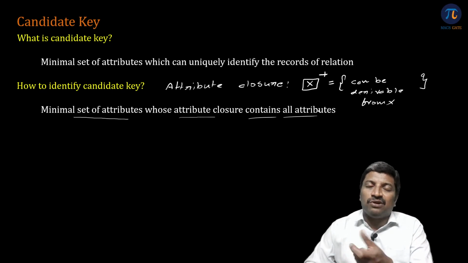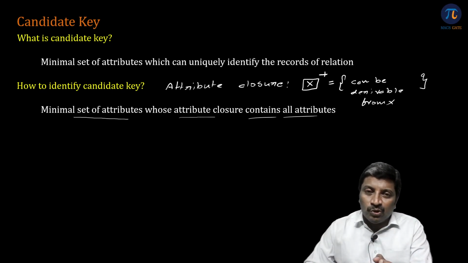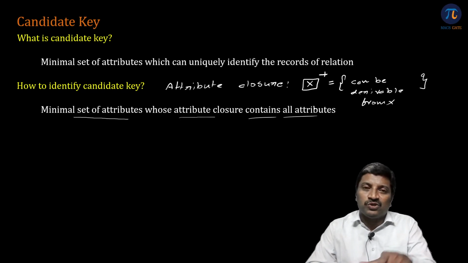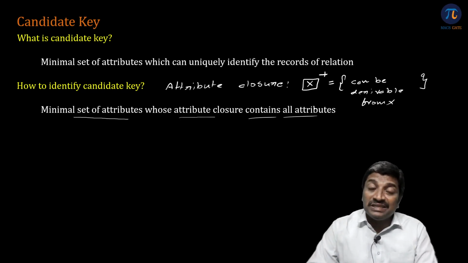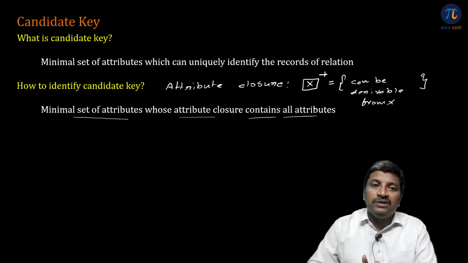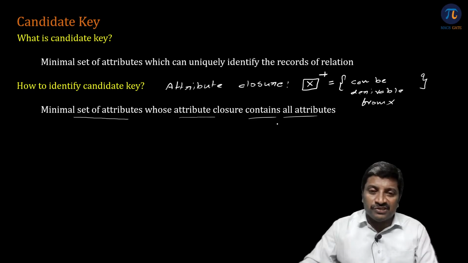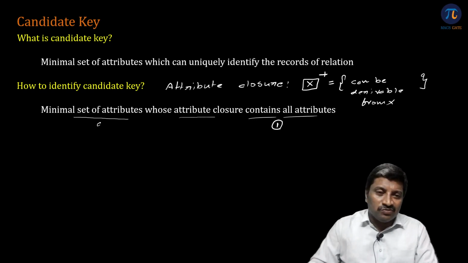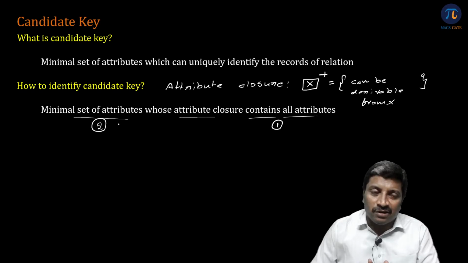If it contains all the attributes, then surely I can say it is a key, because we can derive all the attributes by using the given set. The second part is whether it is minimal or not. So these are the two things we need to identify, sir. The first one is whether the closure contains all the attributes or not. The next one is whether the given set satisfies the minimal property or not.